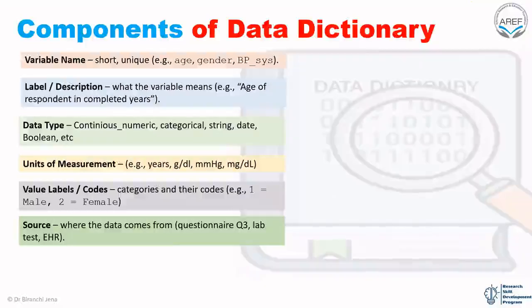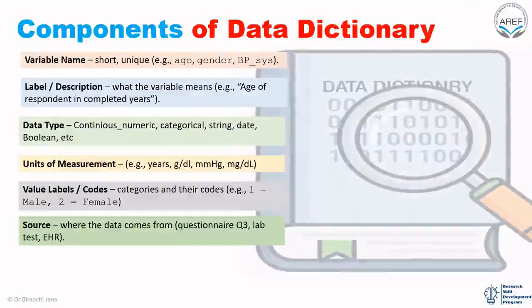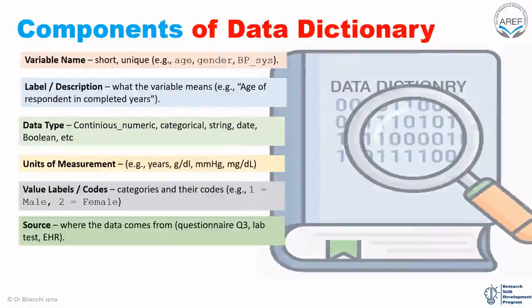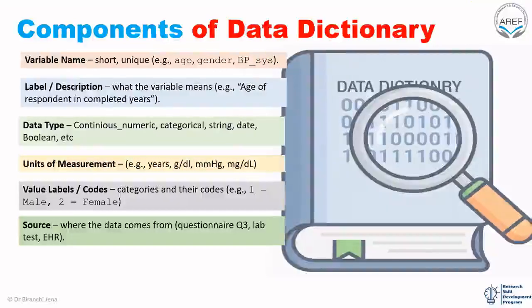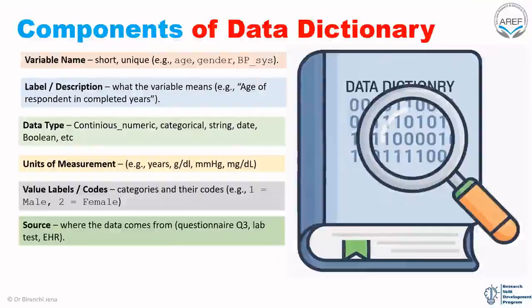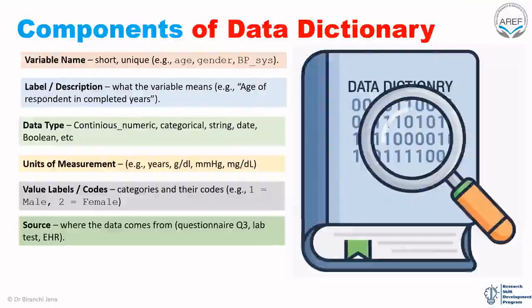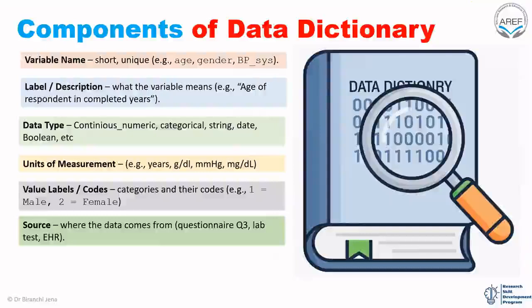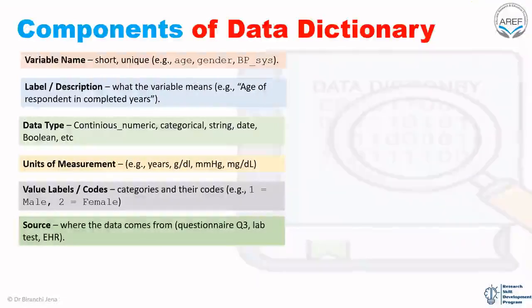So for each of the variables, you should mention whether this data is collected from the questionnaire and question number, or from the records of the patient, or from the lab report. You have to mention those things in the data dictionary so that the data credibility can be defined at any point of time.